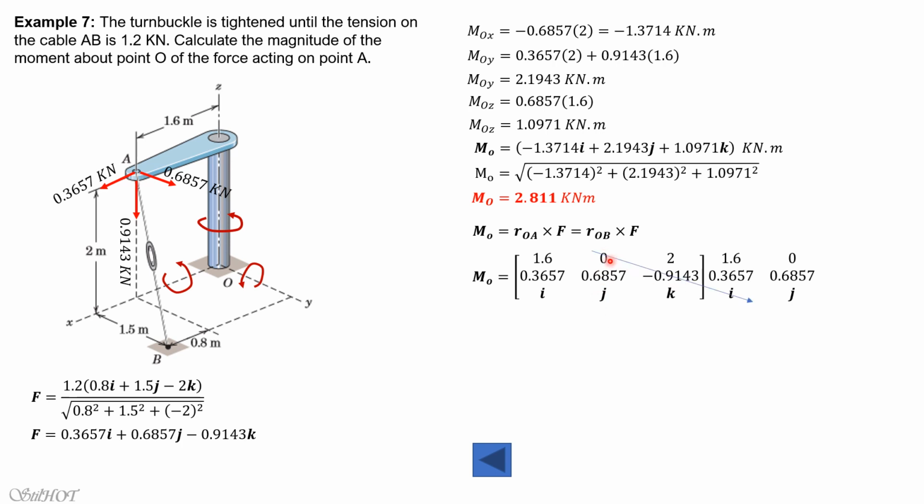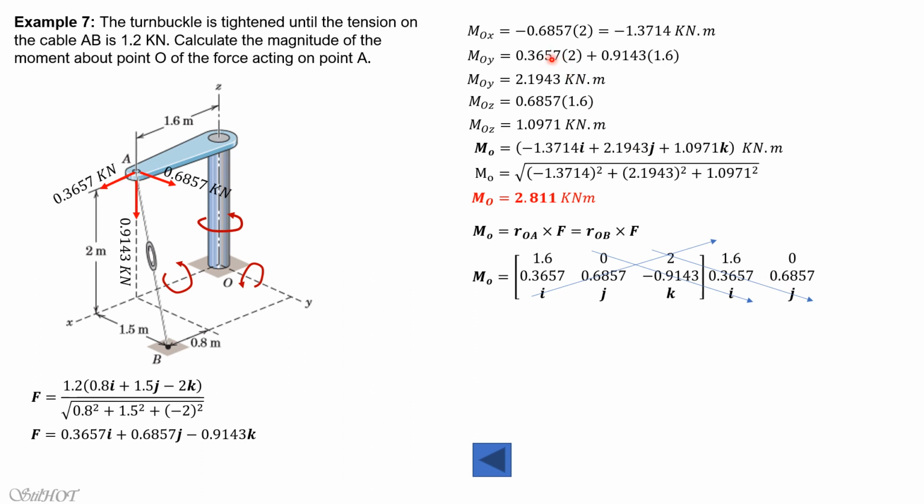So we have 0 times negative 0.9143 I, so it's 0. Then minus this direction, minus that direction, so this is positive, so because that's minus, so minus 0.6857 times 2, which is this, minus 0.6857 times 2, so it's the same for J component. 2.3657 times 2, can you see that?